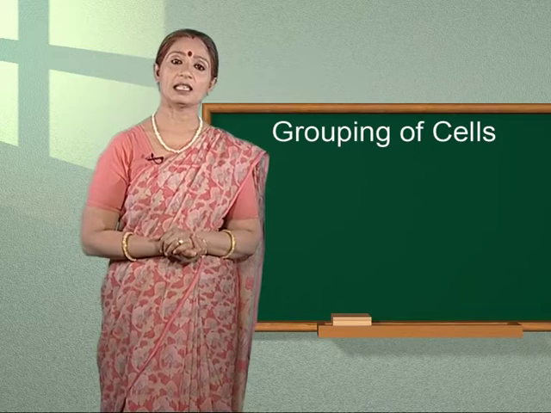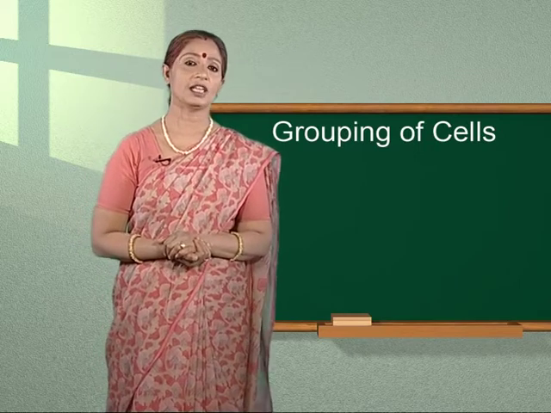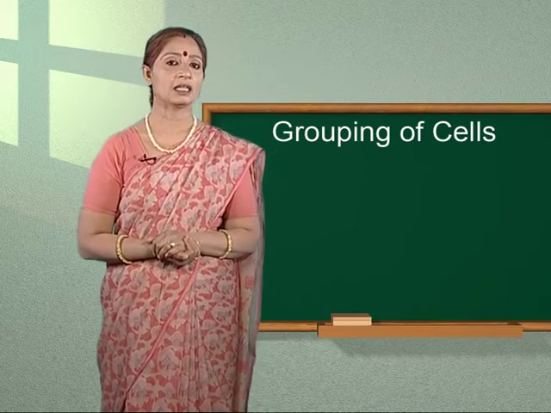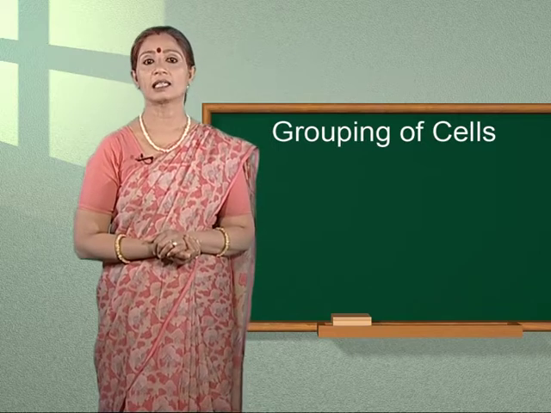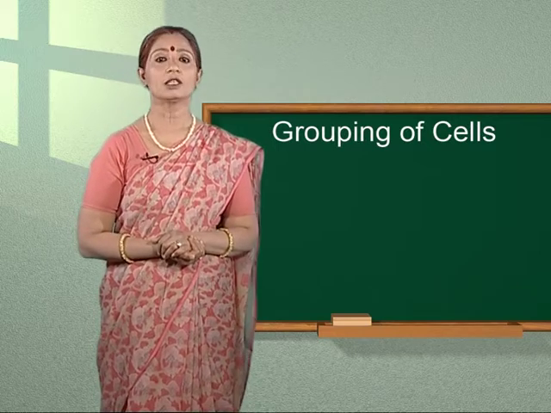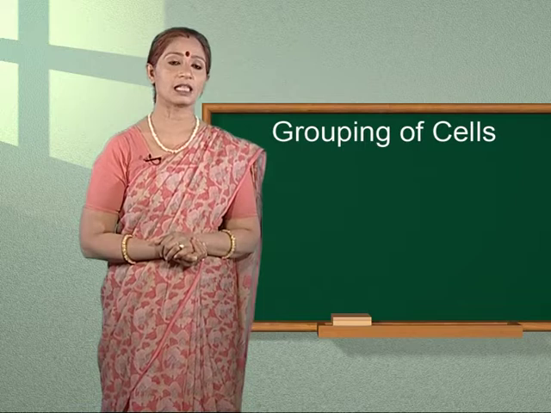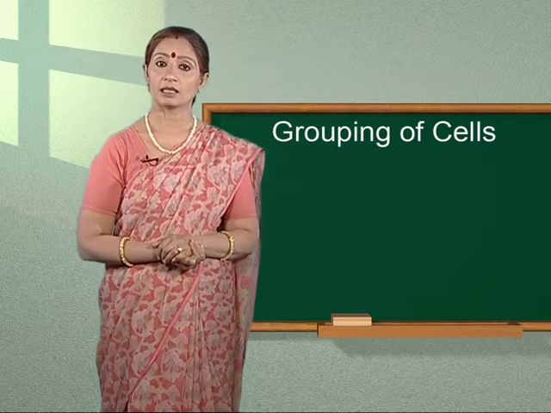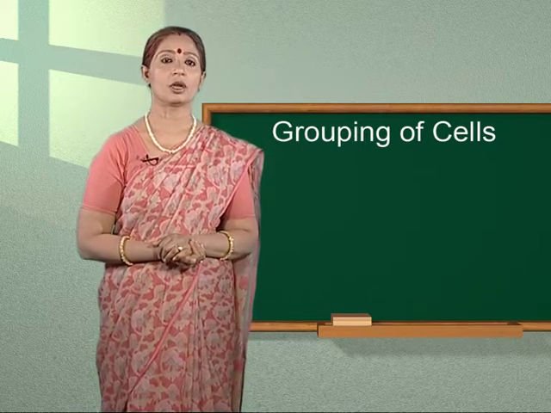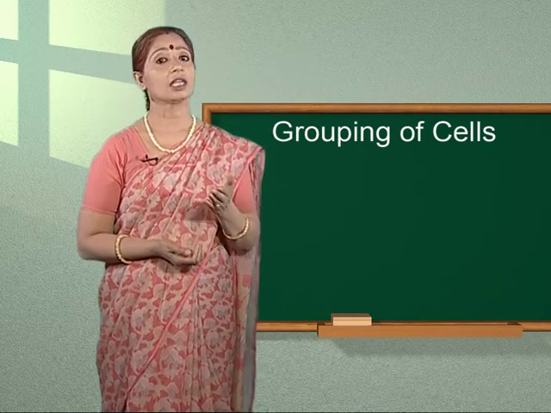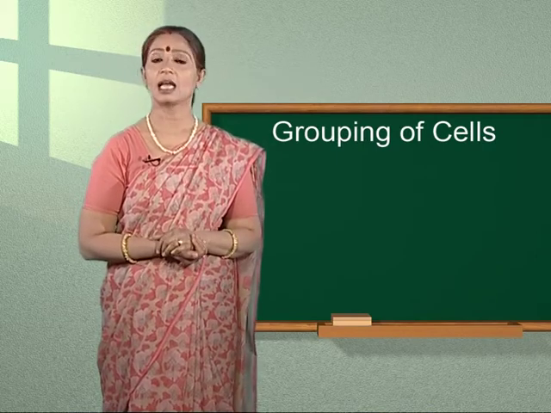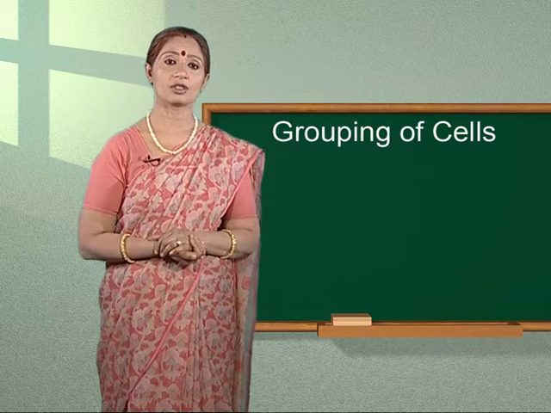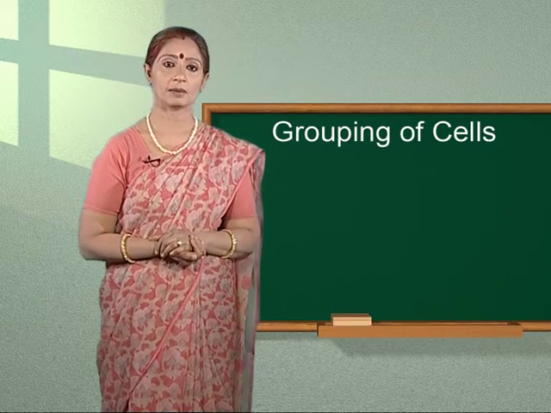When n identical cells, each of EMF E and internal resistance r, are connected in parallel, the total EMF of the cells is E, since the parallel combination of cells increases the size of the electrodes and does not change the EMF of the cell.